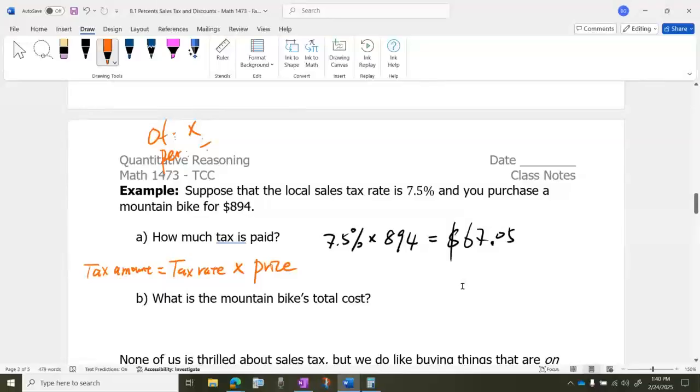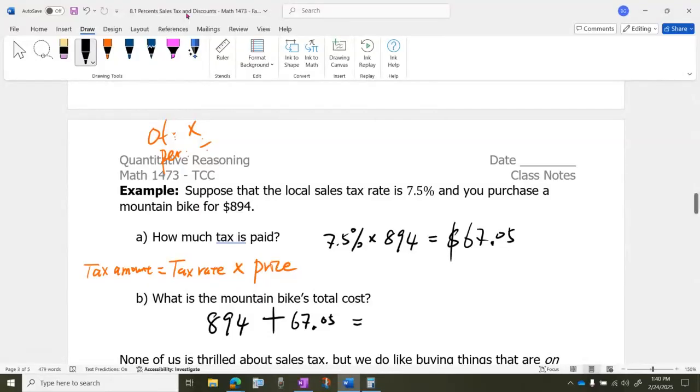On your receipt, for the amount to buy the mountain bike, you will not have just $894, right? You would have more than that because you have tax. So you would have to add, this is a markup problem, right? Add the $67.05 on top of the price of the item, $894.